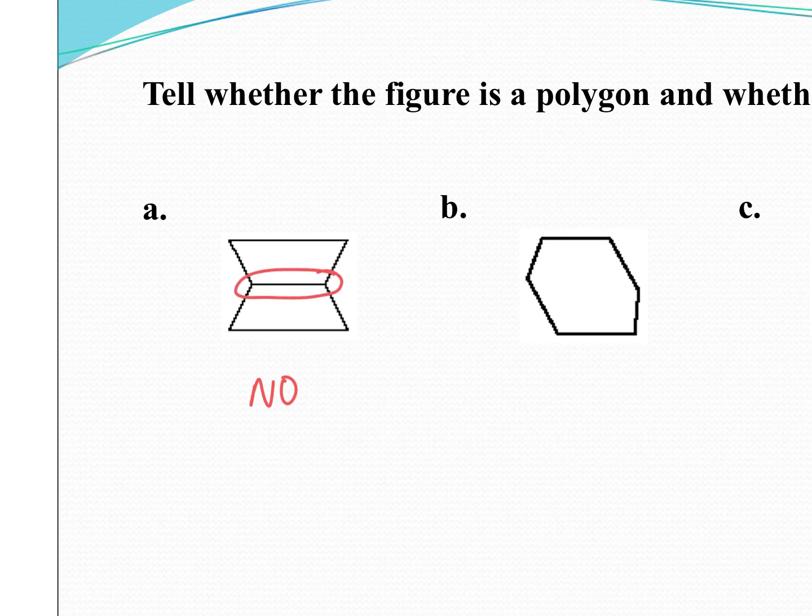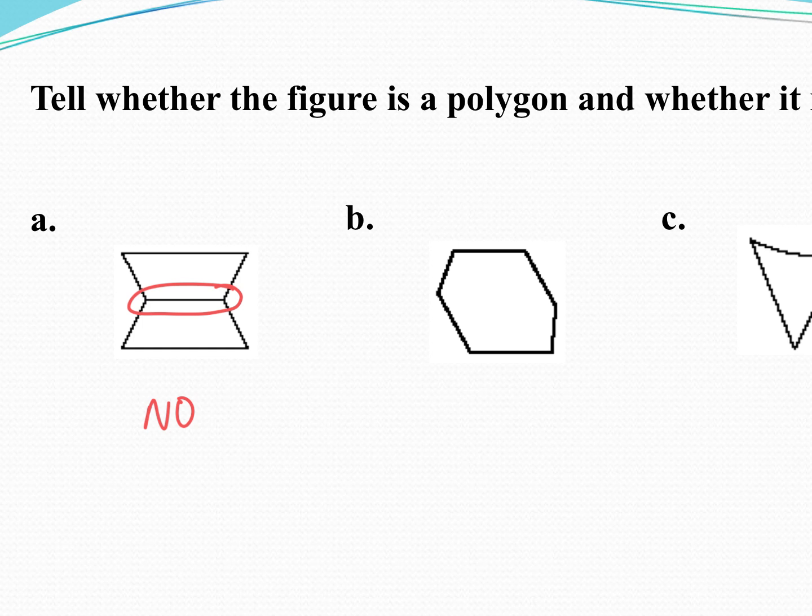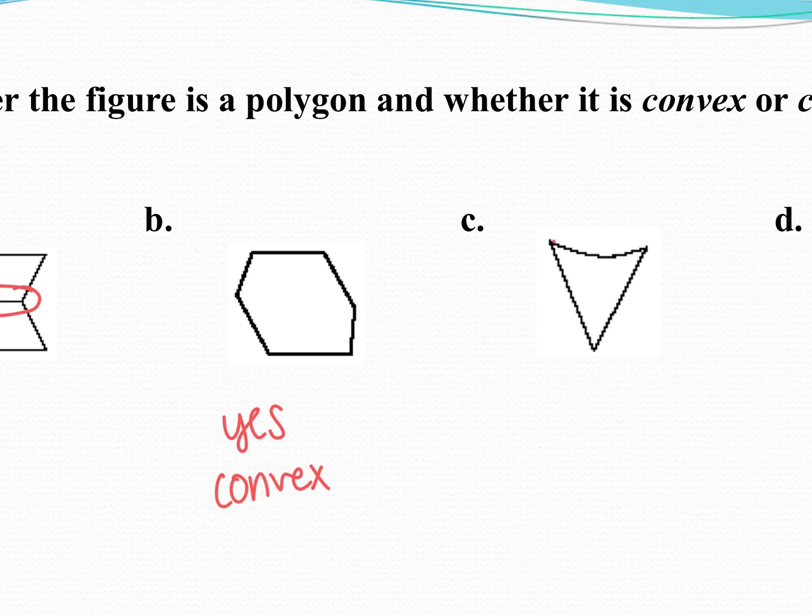Looking at B, is this a polygon? Yes. Is it concave or convex? Good, convex. C, is this a polygon? No. Why? Good, no. Why? Because this is curved, also known as an arc.